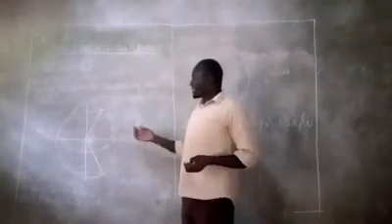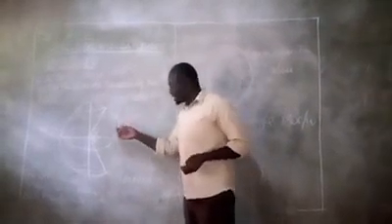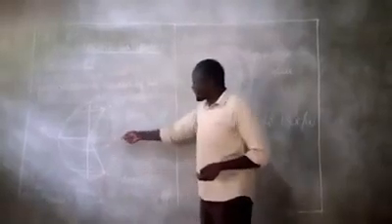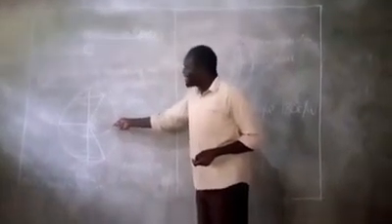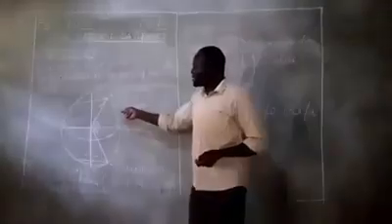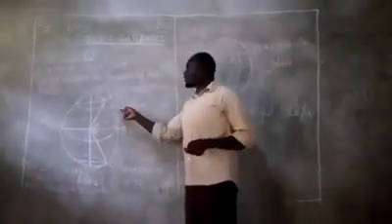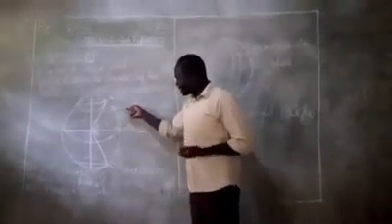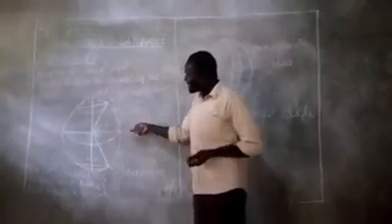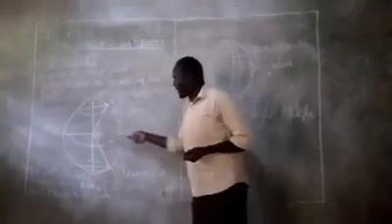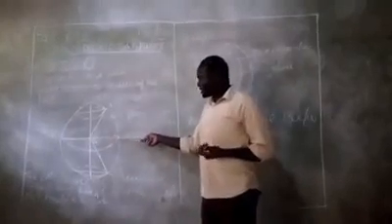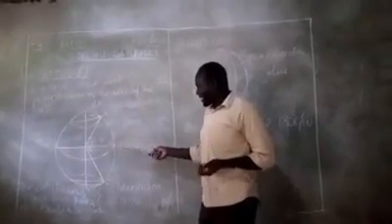Another thing we should note about latitudes is that this particular angle here is the latitude of this circle, which goes through point A and is parallel to the equator.